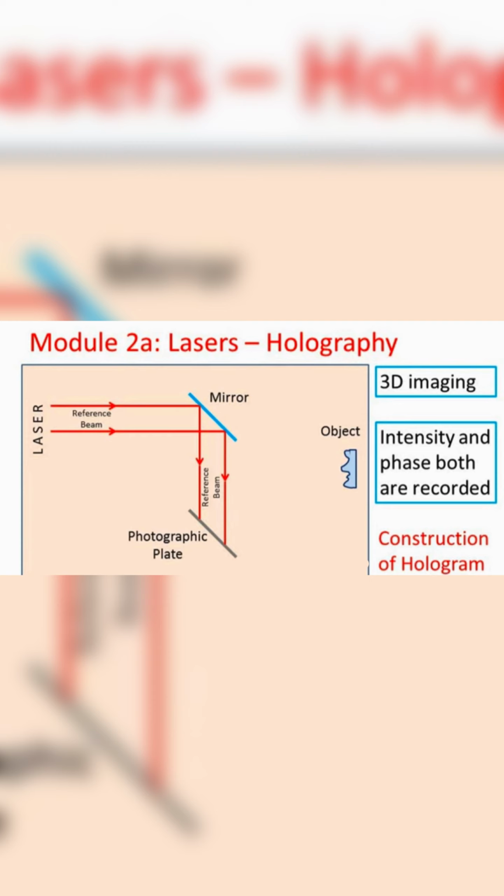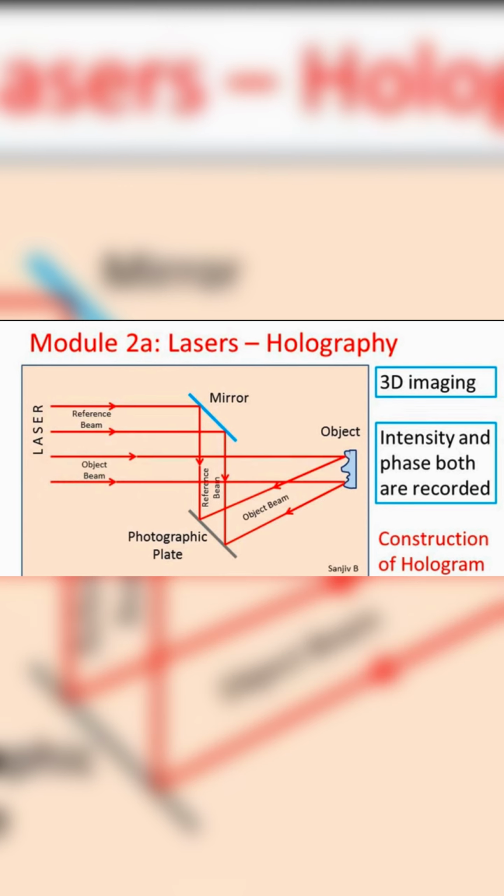Now let us see how the complete image is recorded. The laser beam is divided into two parts. One part is called the reference beam. This reference beam is incident on a mirror, from where it is reflected and collected on the photographic plate.